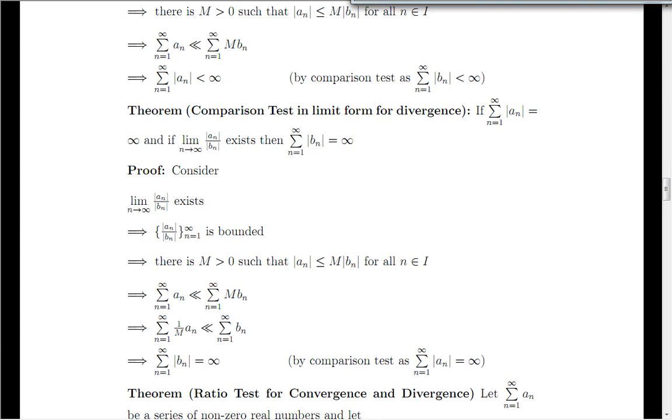The statement, or hypothesis, is that the series Σ|an| is divergent.